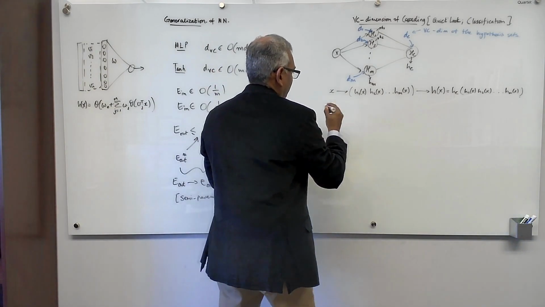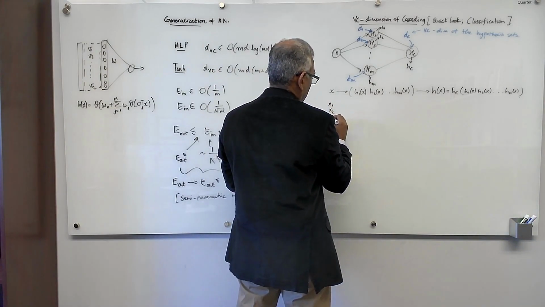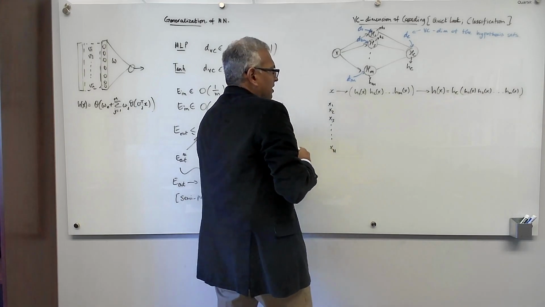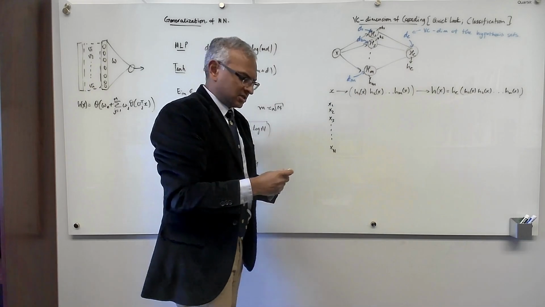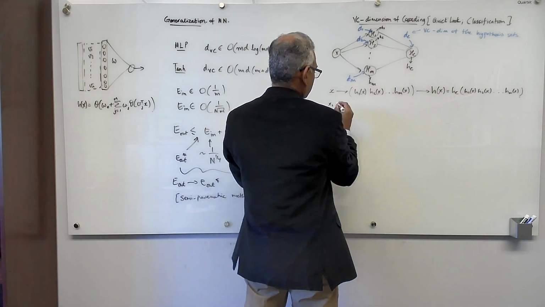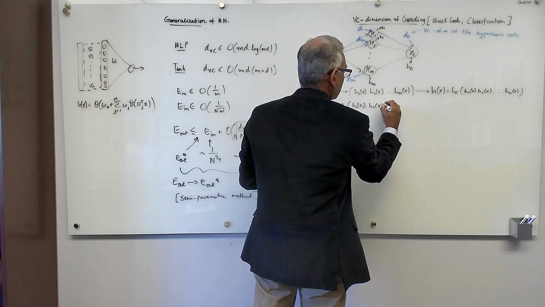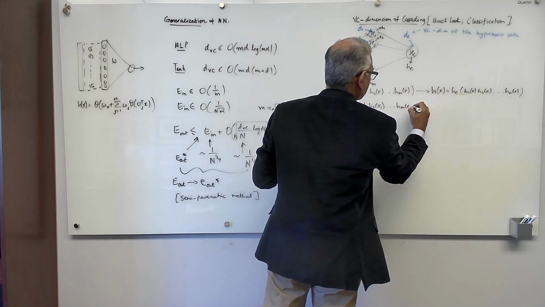So imagine that you have n points, x1, x2, x3, and so on up to xn. If you have picked a hypothesis from each set, then that's going to transform x1 into h1 of x1, h2 of x1, and so on, hm of x1.